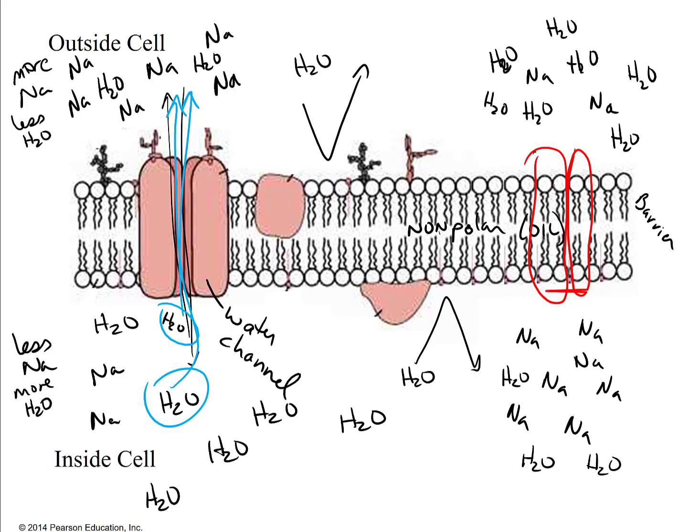So this is a specific water channel. So now, if you count, there's like 1, 2, 3, 4, 5, 6, 7 molecules of water outside, and inside there's only 3. So there is more water outside, less water inside. Less sodium outside, more sodium inside.